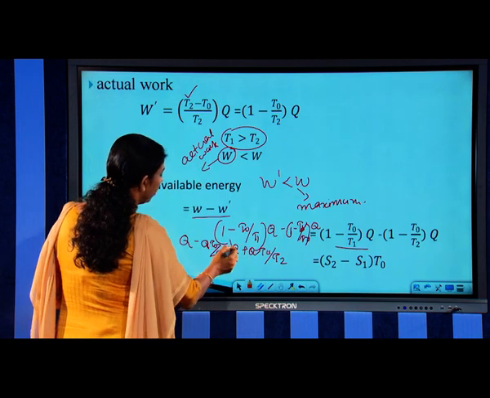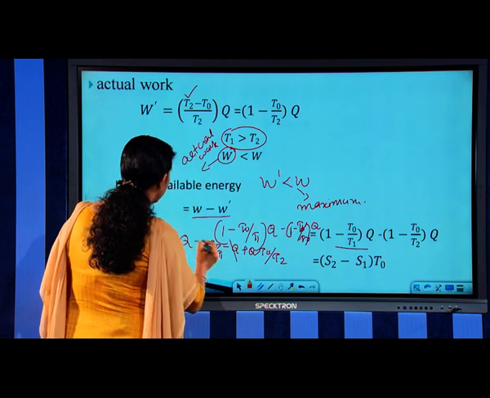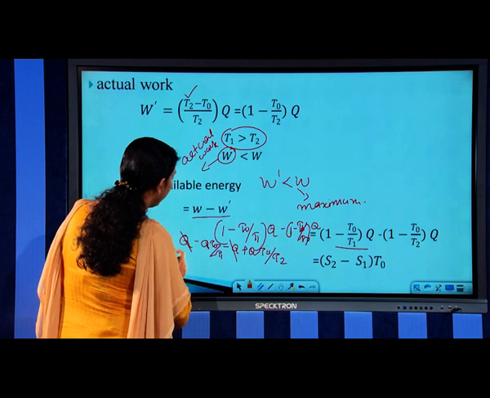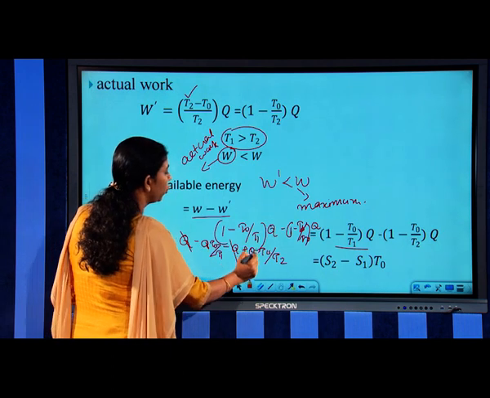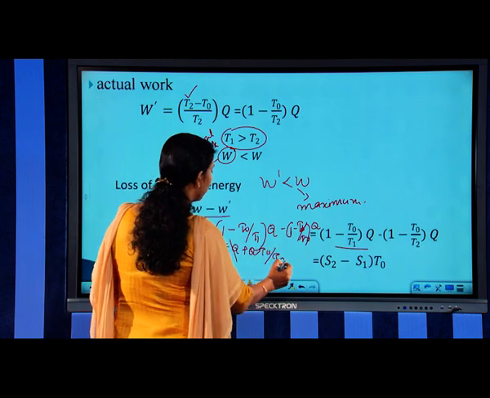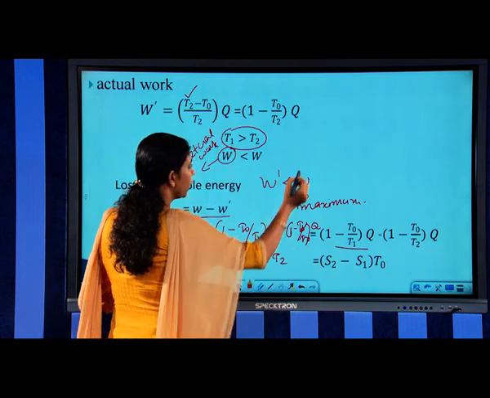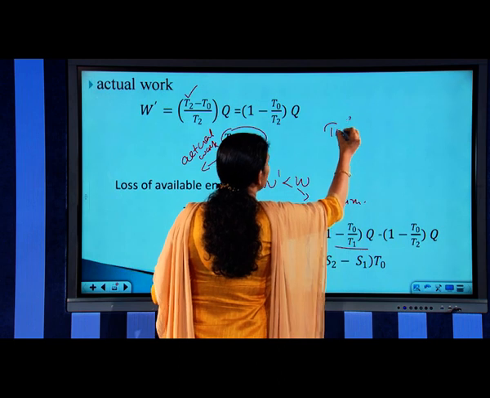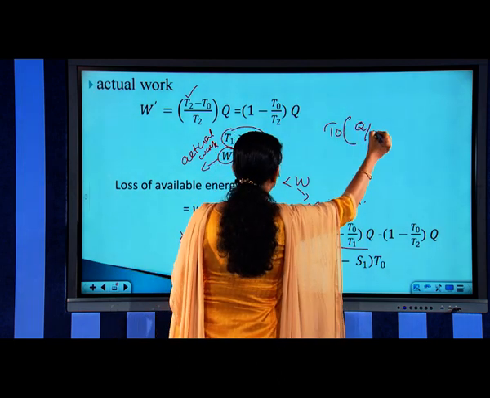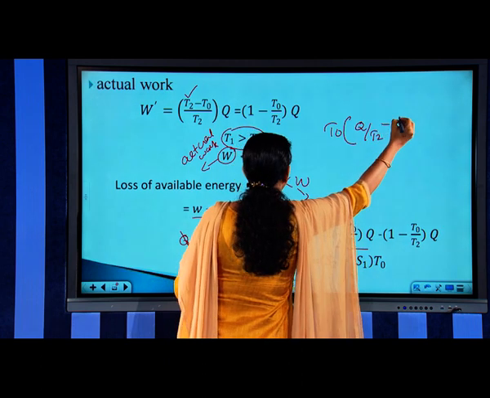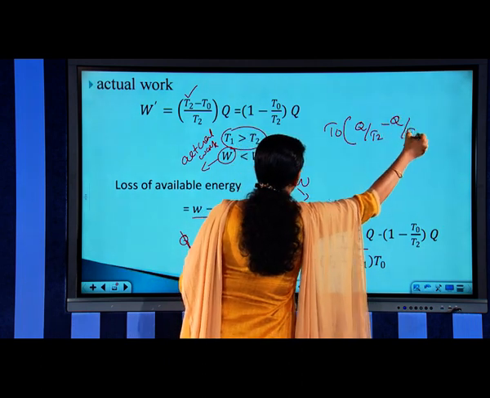Here we cancel the two Q's, then minus Q T0 by T1 plus Q T0 by T2 is equal to T0 kept outside, and we get the equation Q by T2 minus Q by T1.